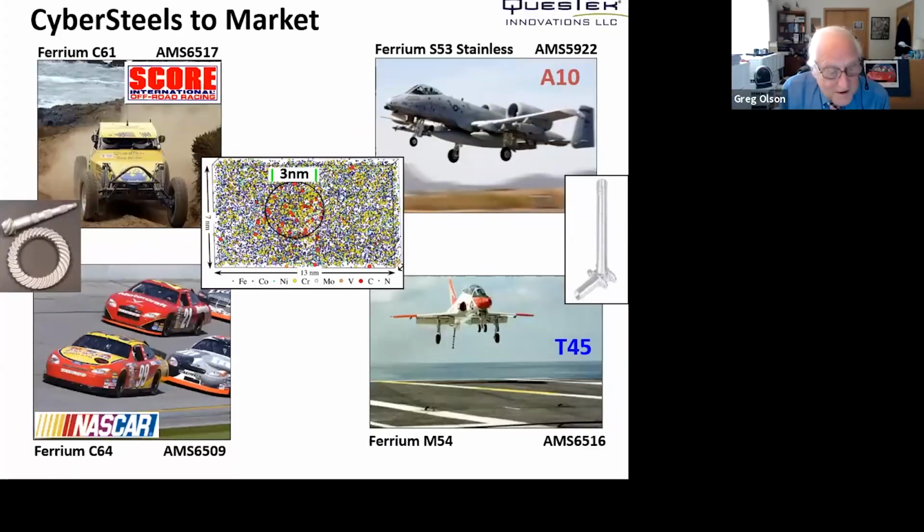So the first 4 products to come out of that are these high performance secondary hardening steels. We now have 2 flight qualified steels as well as the stainless that's used by the Air Force. We have a high toughness steel that's first gone into the hook shank application for the carrier based planes. So both of those steels are flying.